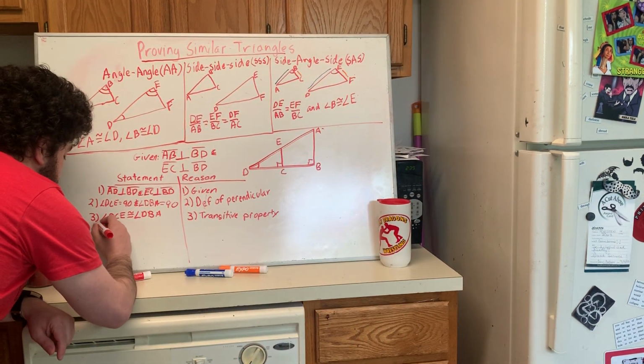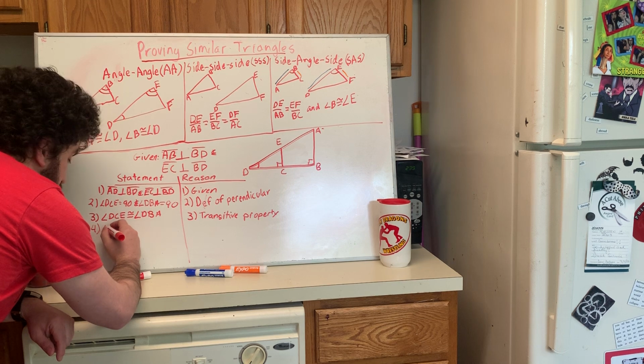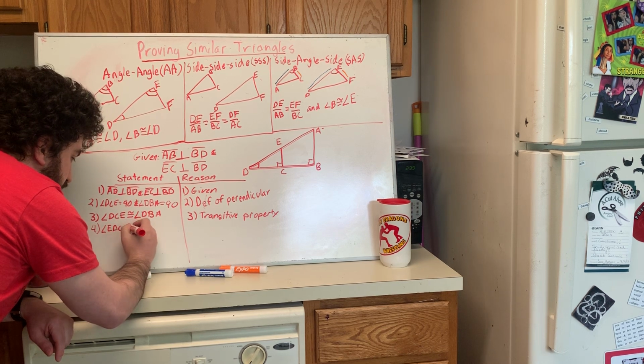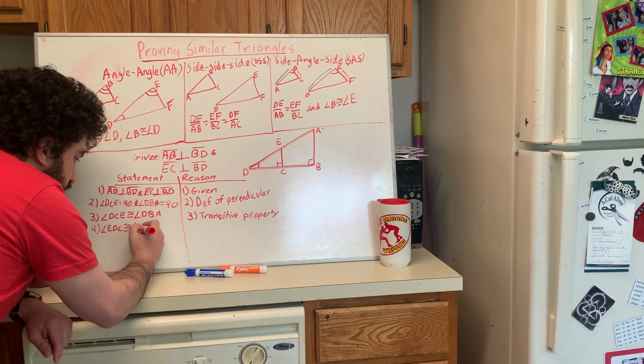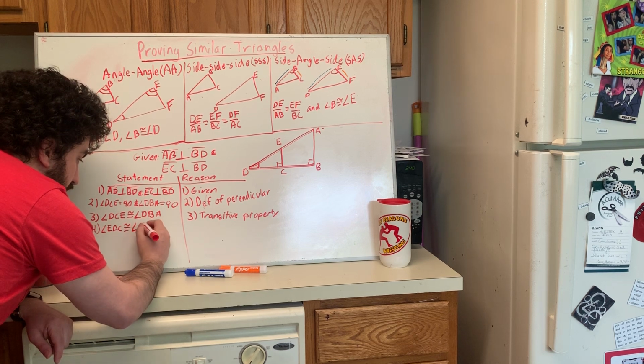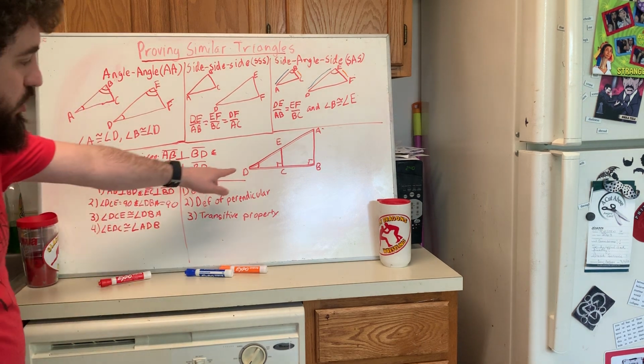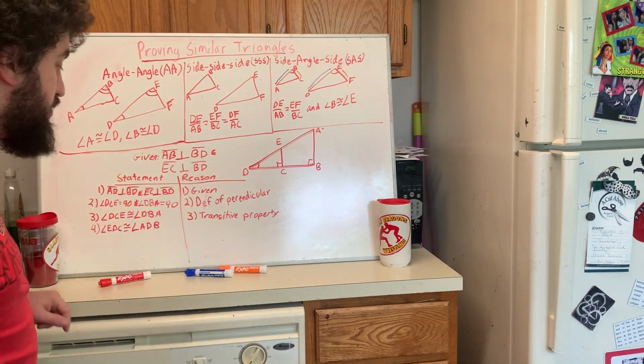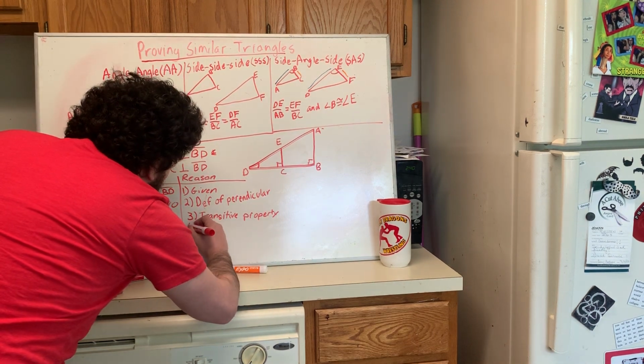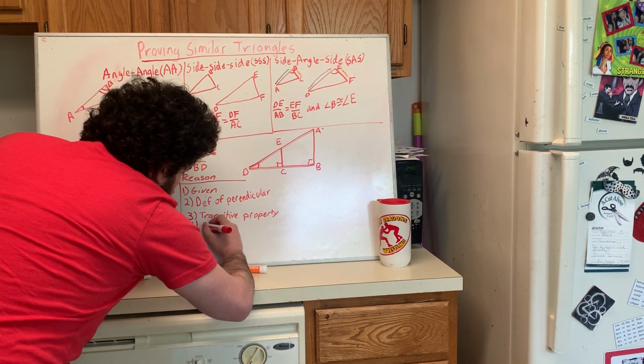So here with this, I can say angle EDC is congruent to angle ADB. So I'm allowed to say this is equal to itself through the reflexive property.